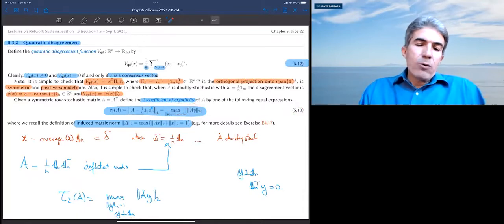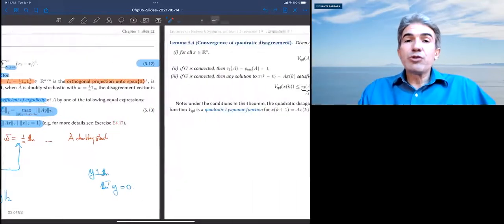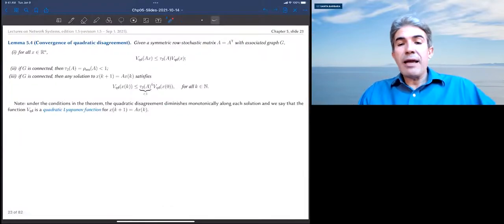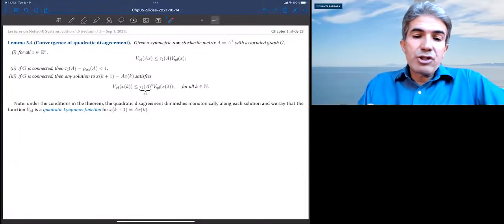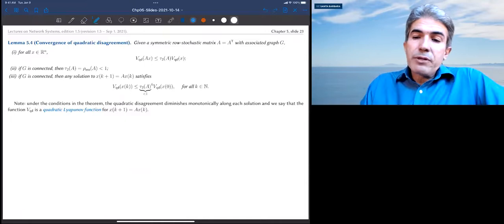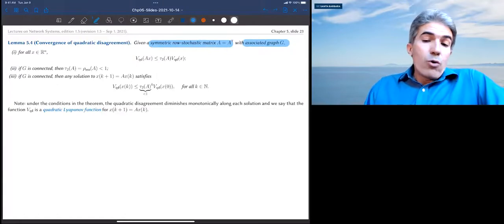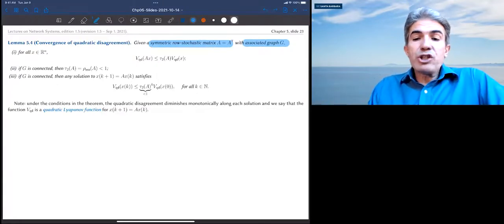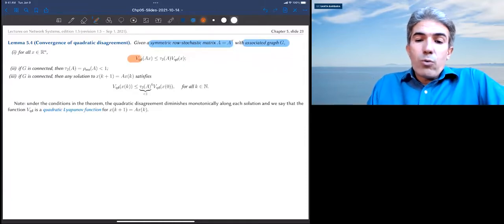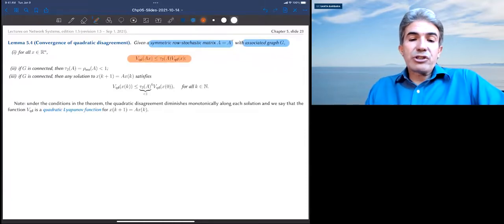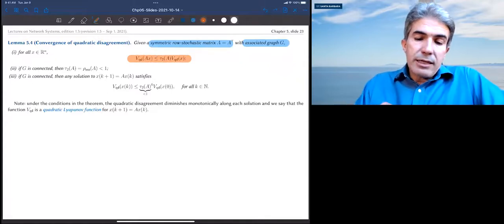All right. Why is this quadratic disagreement useful for the case of symmetric averaging algorithms? Well, a symmetric averaging algorithm also means the graph is undirected, right? The reason they're useful is because now I do get precisely what I wanted, which is a strict decrease. Well, let's work this out.